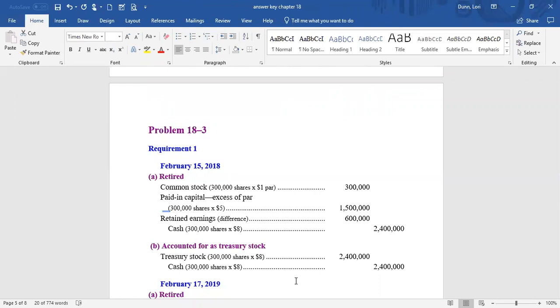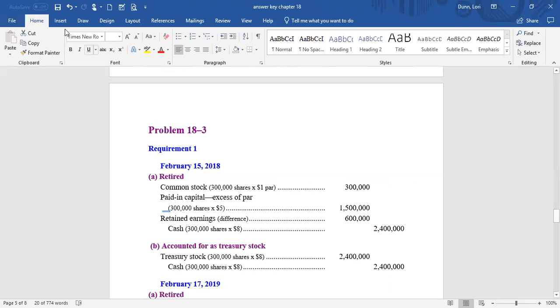National Supply reacquires shares of its common stock in 2 separate transactions, and then later sells shares. Prepare the entries for each of the transactions under each of these 2 assumptions. The first one being the shares are retired, and the second, it's accounted for as treasury stock.